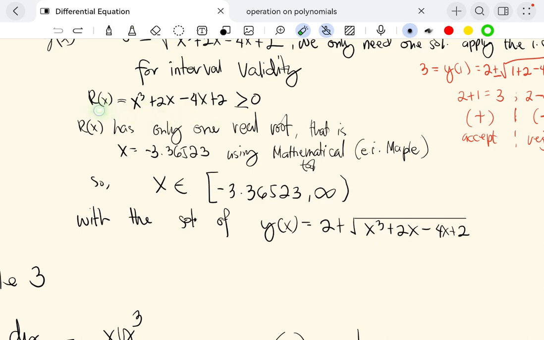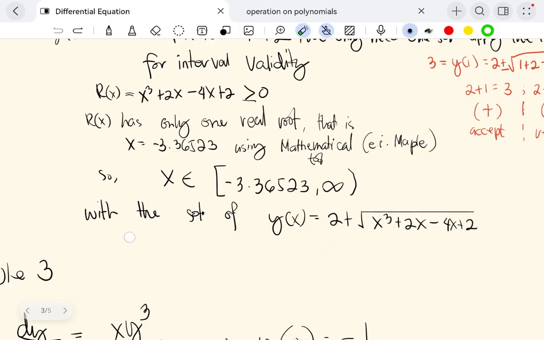As you can see, it has only one real root, which is negative 3 point something, using some mathematical tool, or you can also use Gizmos. So x is an element of this interval, which includes the initial condition, with the solution y of x and so on.